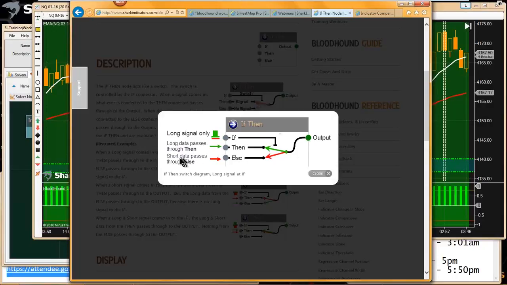So short signals on the else will pass through to the output, whereas long signals from the then will pass through to the output. These switches can be in any combination depending on whether a signal comes into the if node or not.